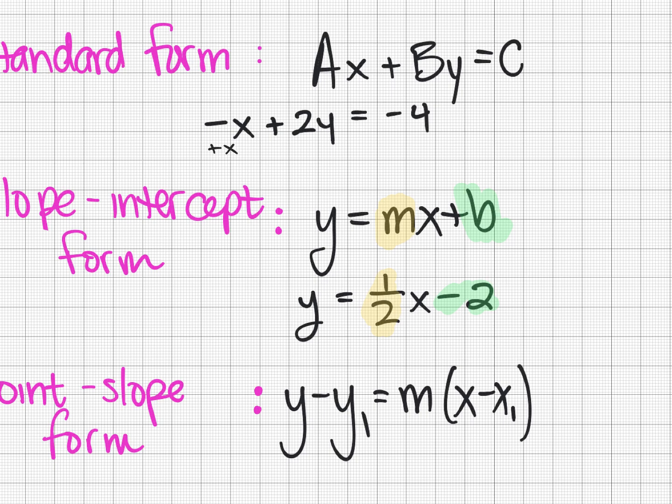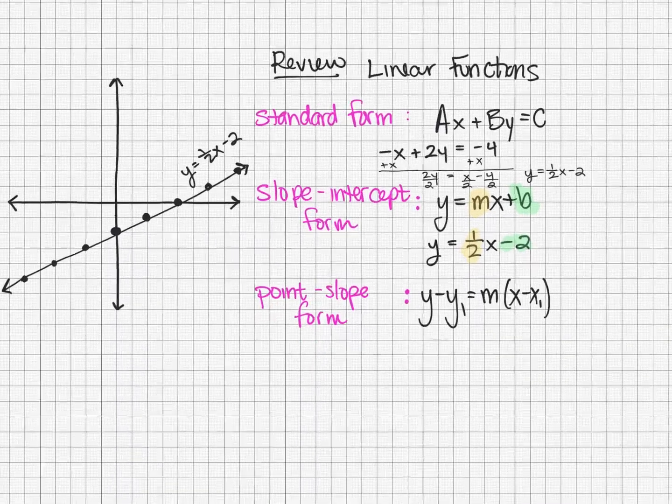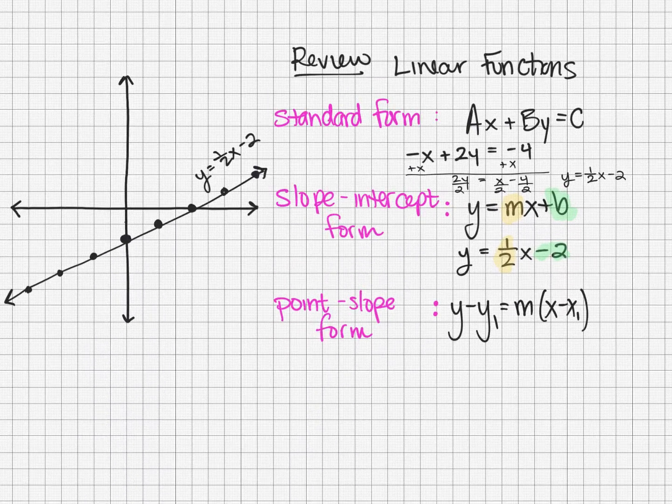So we would add x to both sides. So now we would have 2y equals x minus 4. And then every single piece would get divided by 2. We end up with our y equals 1/2 x minus 2. So an equation in standard form just needs to be changed so that it looks like slope-intercept form.